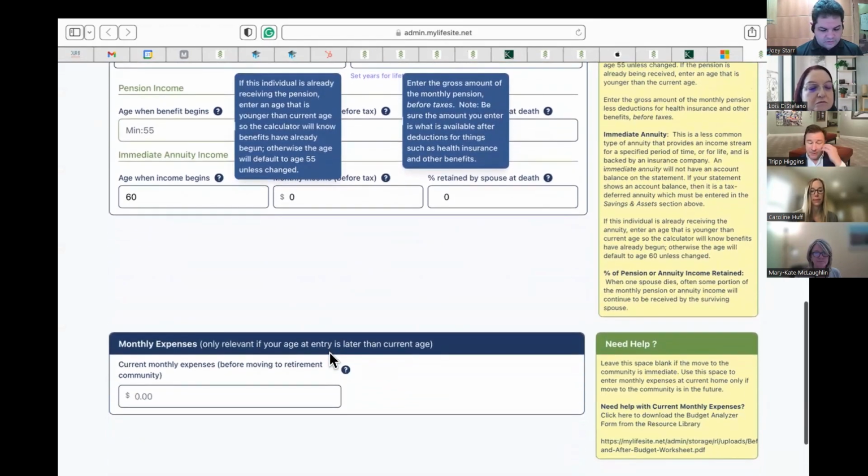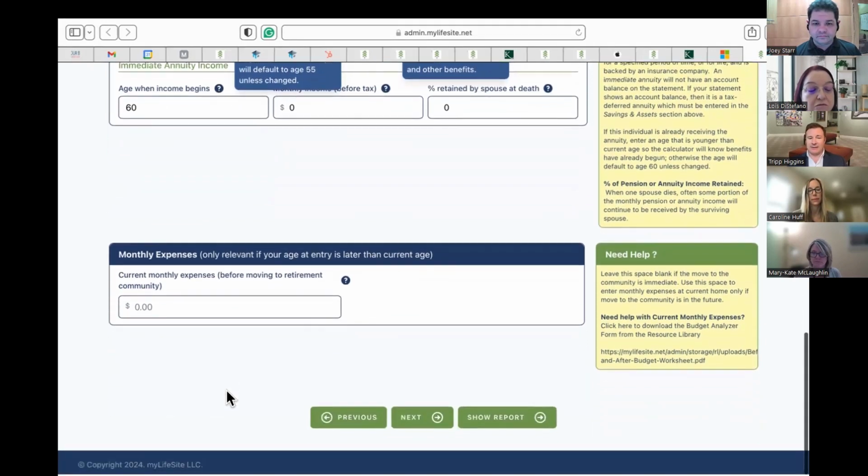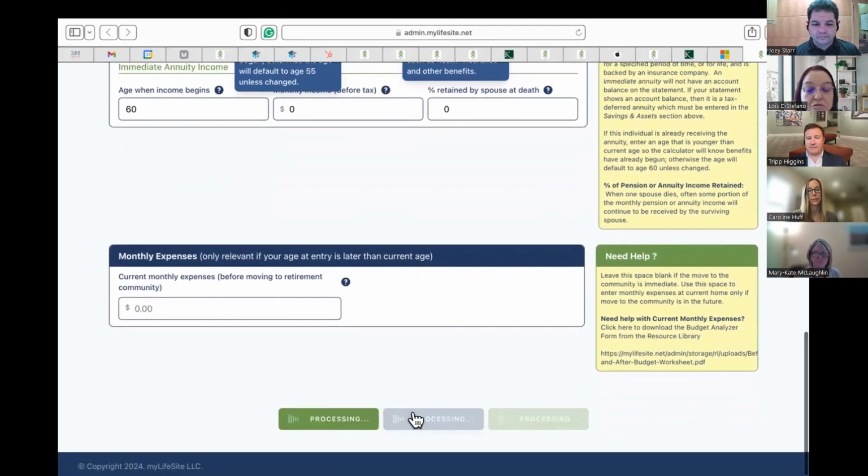And actually what we could do too here is if at age 75, you're not really looking to move in until maybe age 76 or 77, we can adjust and put what your monthly spend is living at home or wherever you are, to be able to project out and say moving in a year is more realistic, and we can make that calculation work for you.